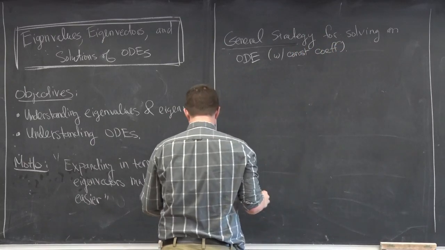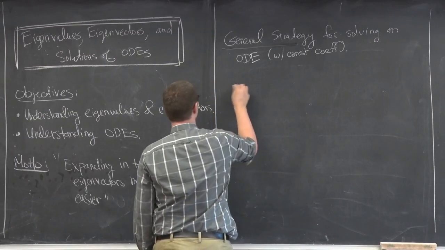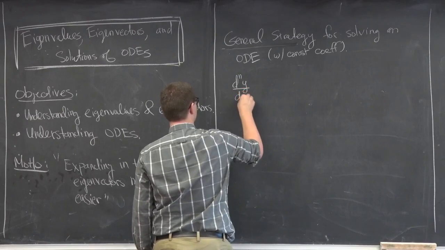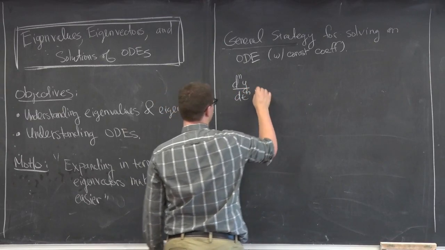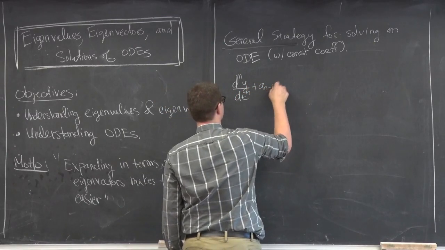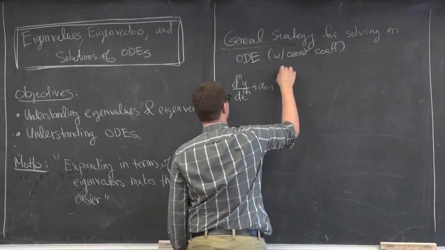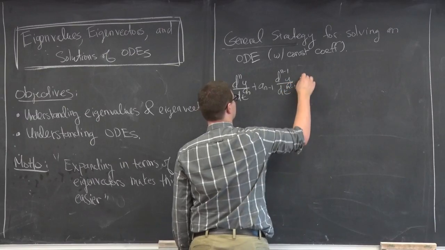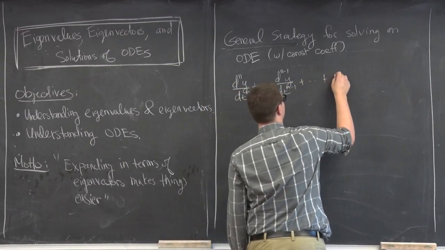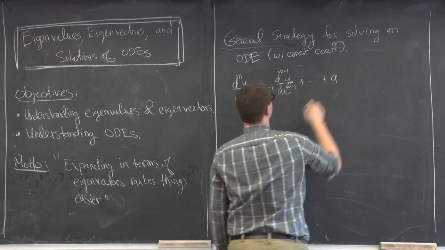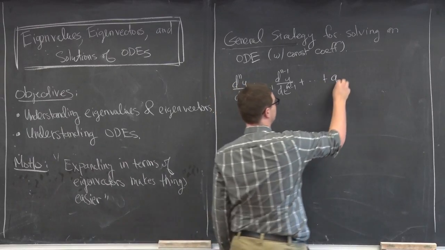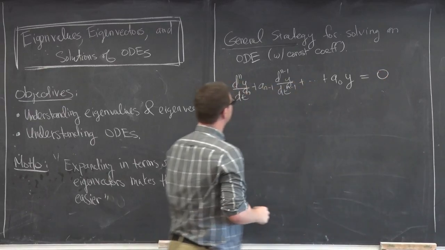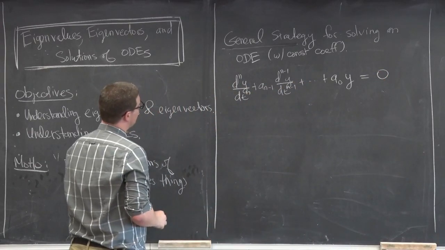We'll have our differential equation here, something like this, and then something like A0 y equal to 0. So we have this linear differential equation.